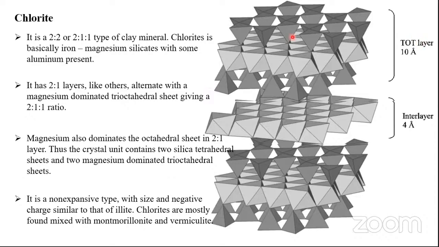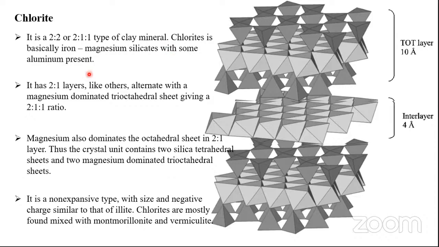This structure you have already seen. The same structure will be repeated here, but in between them there will be some aluminum octahedra. So this gives rise to the 2:1:1. Chlorites mostly come under iron and magnesium silicates with some aluminum presence.